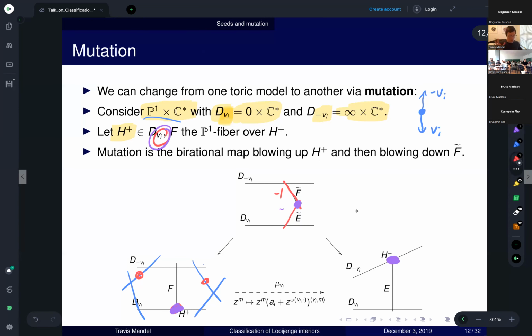We include that top boundary divisor just so we can make sense of this picture, but you might not be doing any non-toric blowups on that. You can include as many toric boundary divisors as you want, and that doesn't affect the interior. So we just kind of throw them in for convenience.